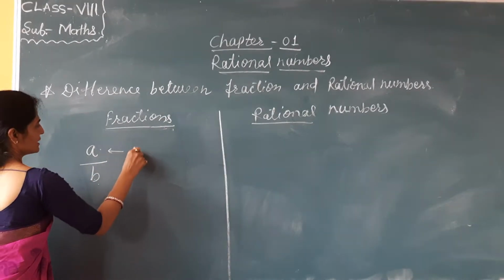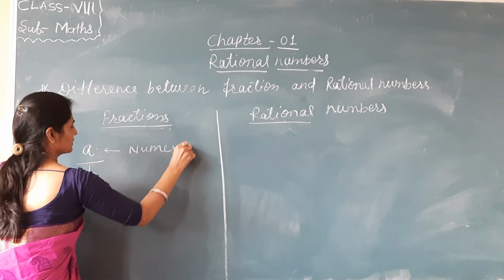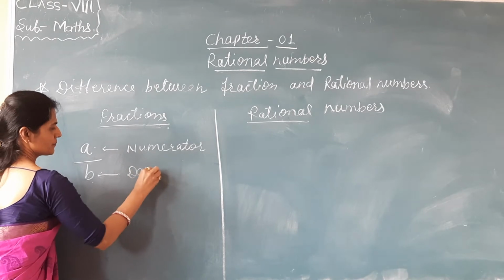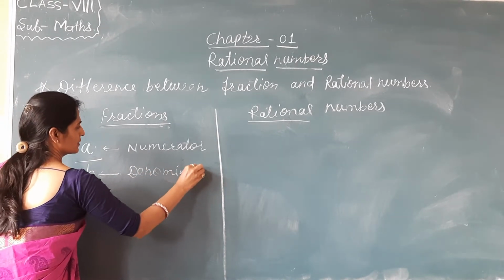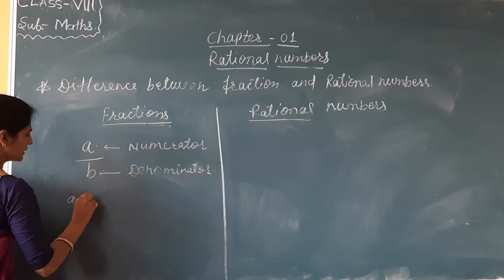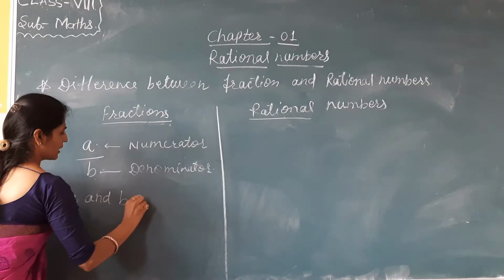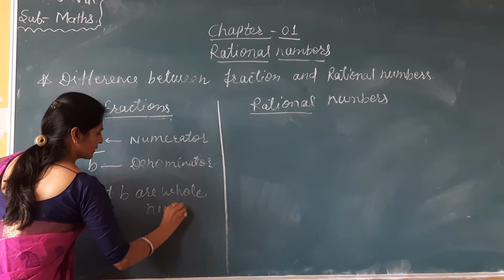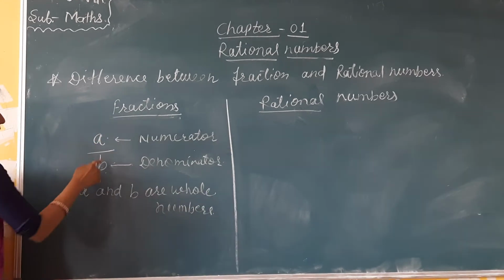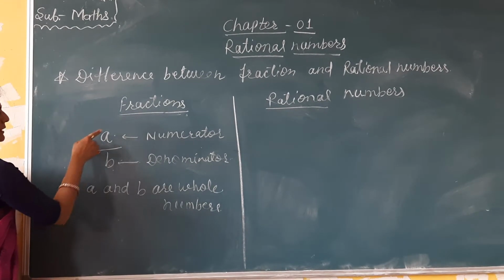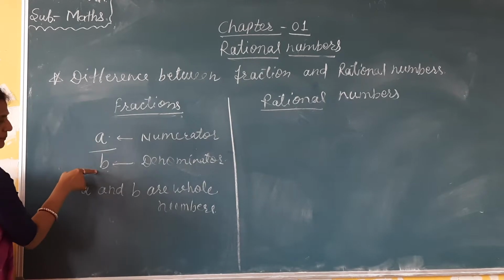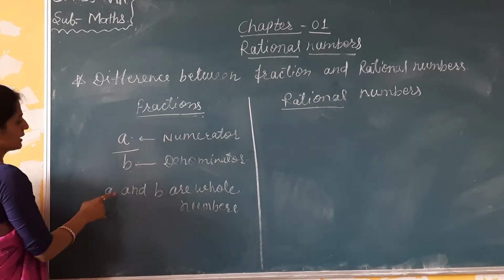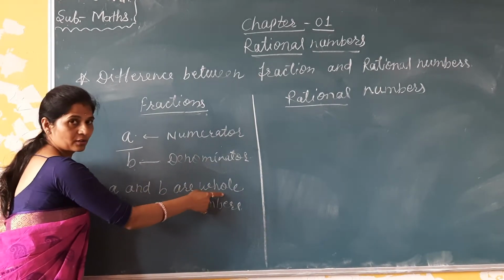Here a is in numerator and b is in denominator, where a and b are whole numbers.